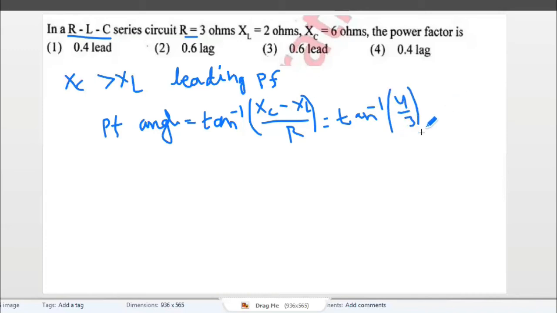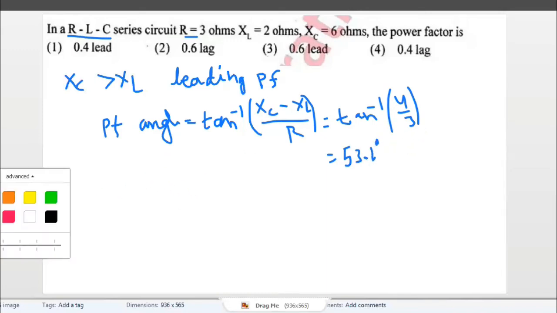So tan inverse of 4 by 3. So approximately you will get 53.1 degree. So it is the power factor angle.